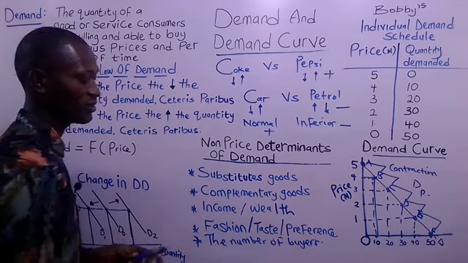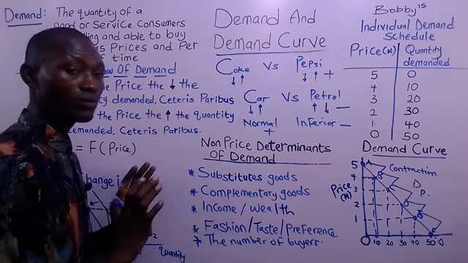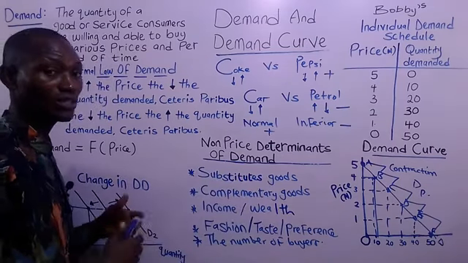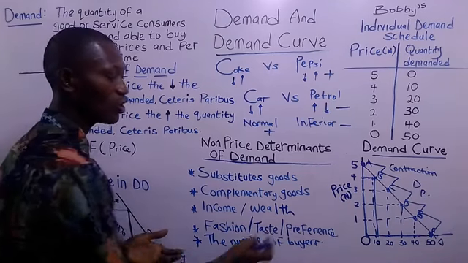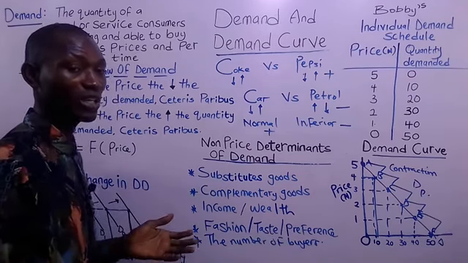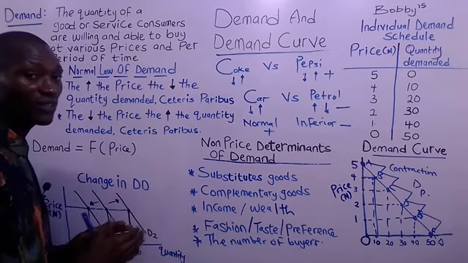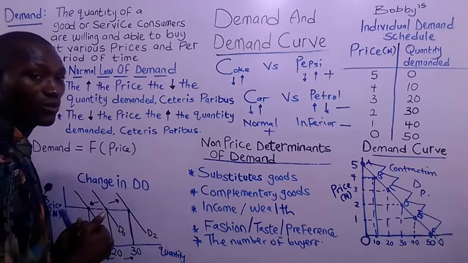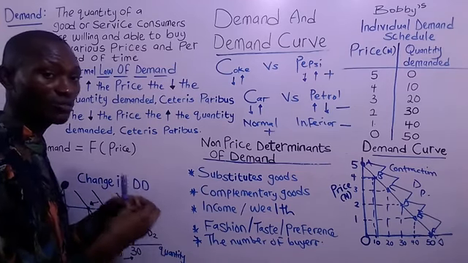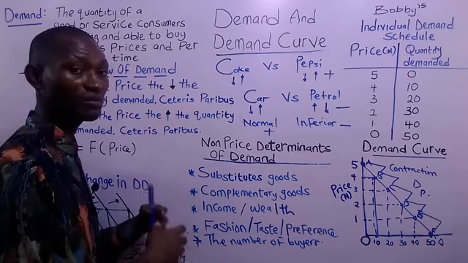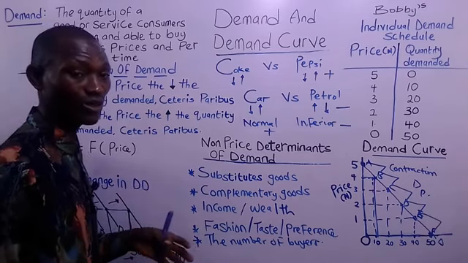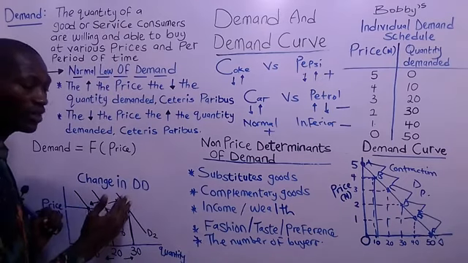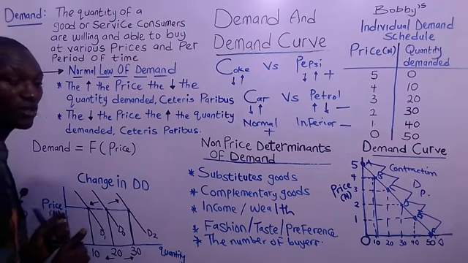Fashion, taste and preference. When fashion changes towards a particular good, or consumers develop a taste for a particular good, or consumers prefer a particular good over another, then the demand for that good will increase, and that will shift the demand curve for that good to the right. And when consumers do not develop a taste or preference for a particular good over another, then the demand for that good will shift to the left, and that will lead to an inward shift in the demand curve for that good.